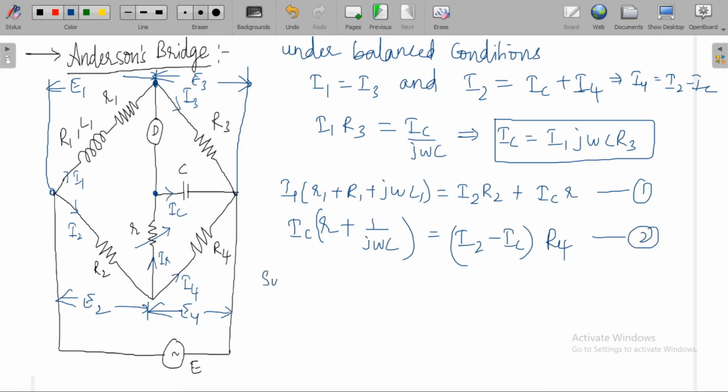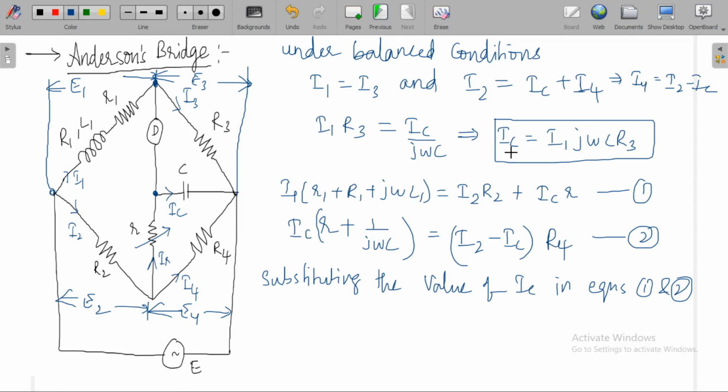Substituting the value of IC in equations 1 and 2, what will I get?